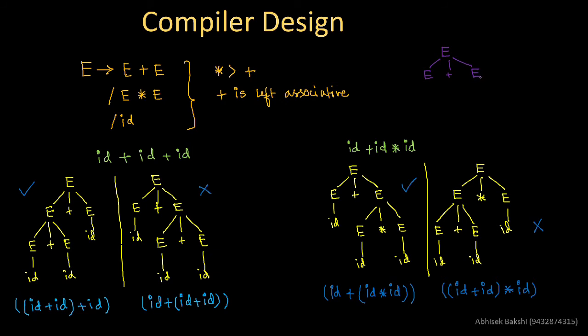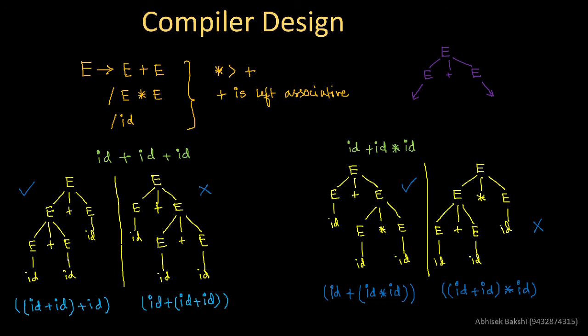In my parse tree, now you see, for the next plus, I can grow the tree either this side or this side, both. And in which side we have to grow depends upon what your associativity is, right?